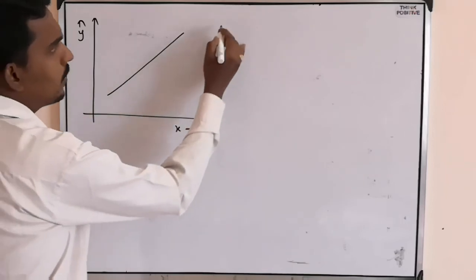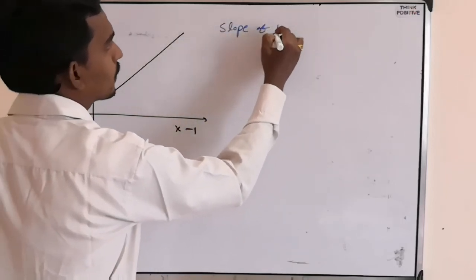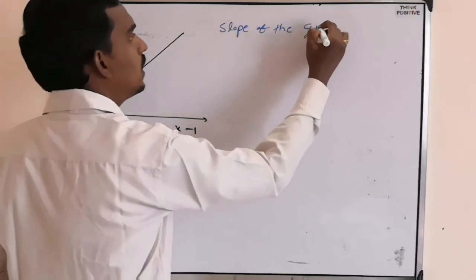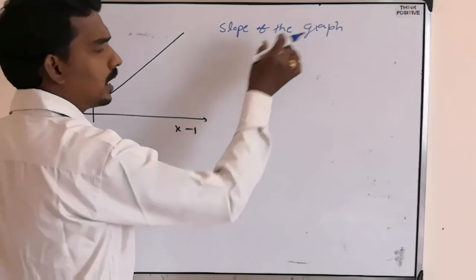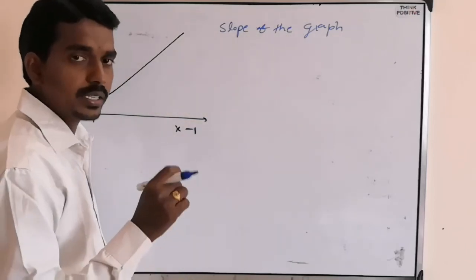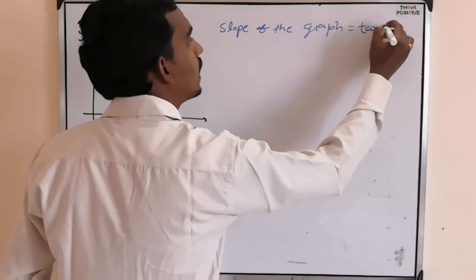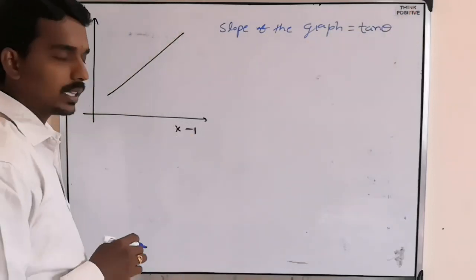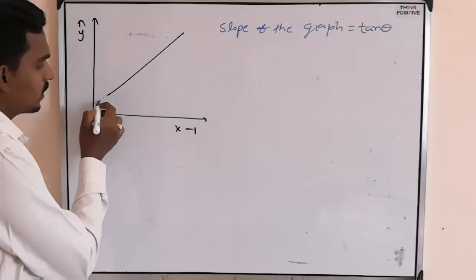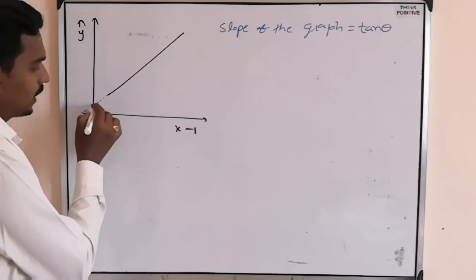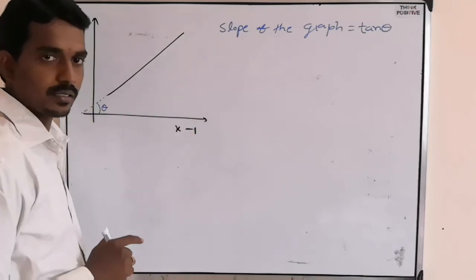Now what is the meaning of slope of the graph? The slope of a straight graph is equal to tan theta according to the mathematical definition. What does that mean? If you extend the graph, it will make some angle with the positive x-axis.